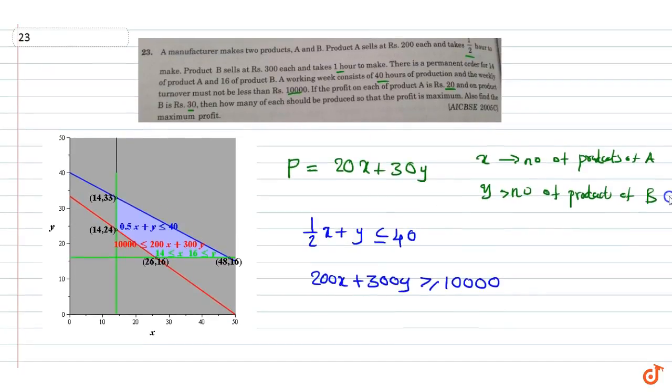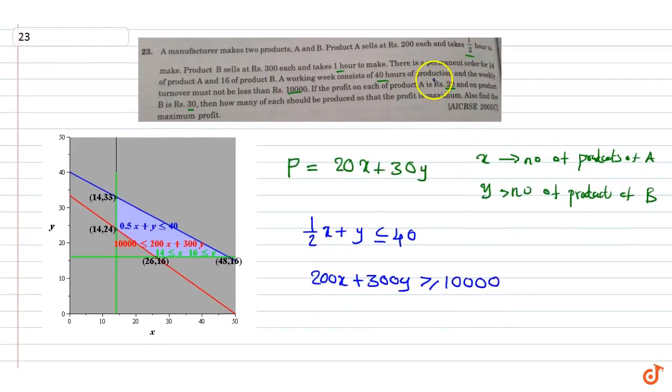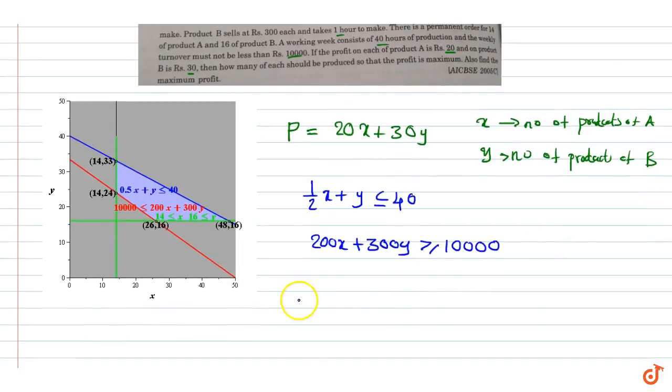And it is also given that there is a permanent order for 14 products of A and 16 products of B. That means there are two more constraints, that are x should be greater than or equal to 14 and y should be greater than or equal to 16.